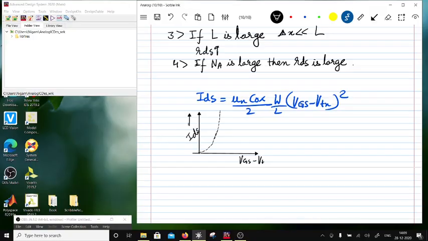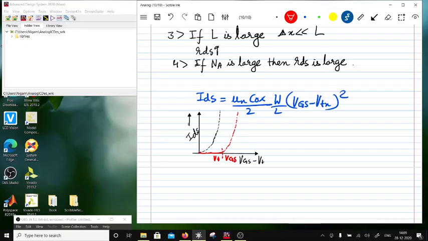This is the square law nature. Now, if I was to plot it versus VGS, then it will shift by VT. So this would be VT, and you will have the same curve here. Correct?